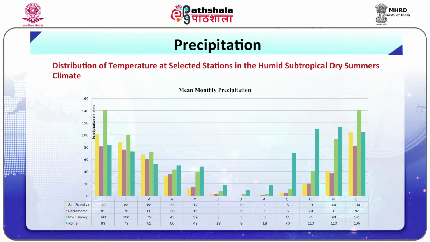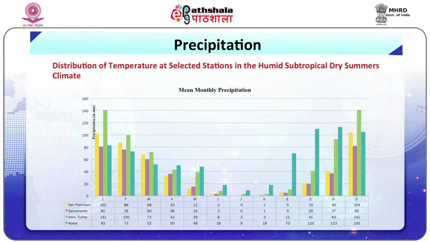It is especially true along the equatorial margins. The average annual precipitation is usually between 40 to 80 centimeters. About 75% of the total precipitation is received during winter. Since there is almost complete drought in summer, it is called the summer dry subtropical climate.